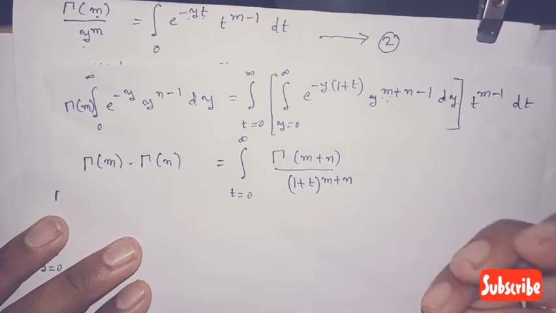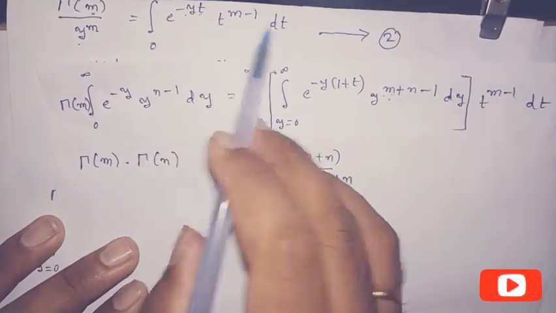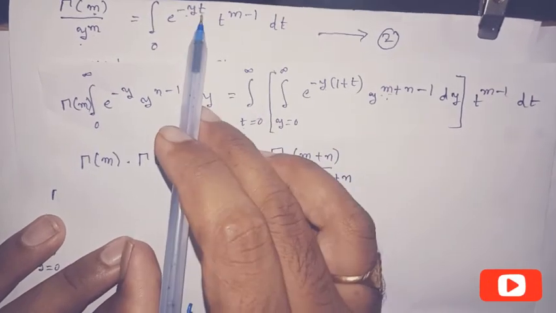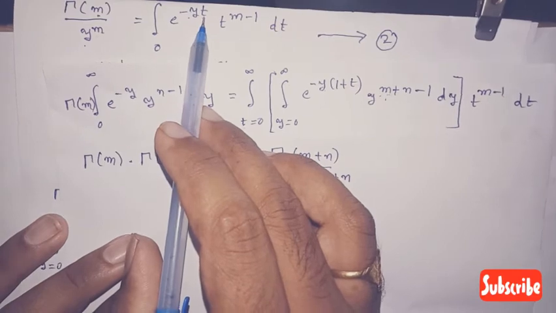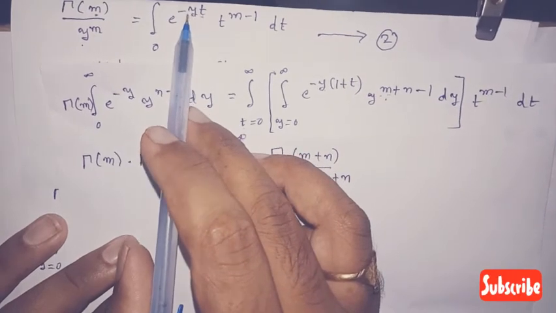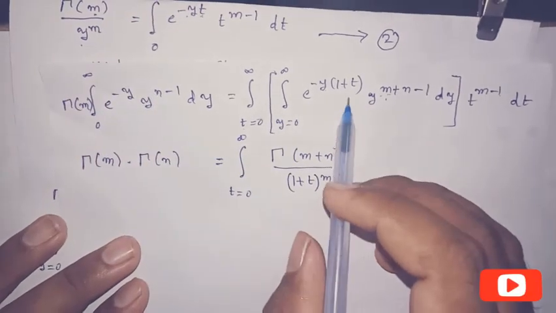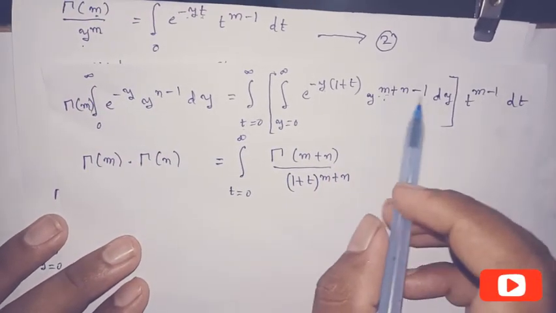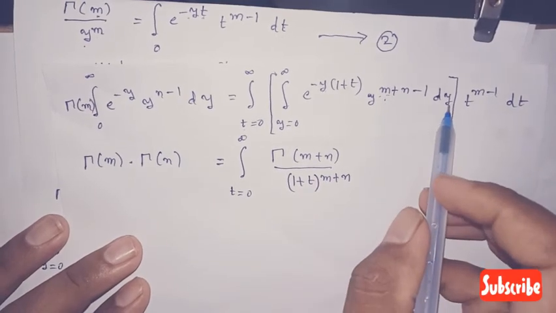In this formula, this is integration with respect to t. Therefore, we have to consider the coefficient of t, that is minus y, in the formula y power of m. Here we are integrating with respect to y.